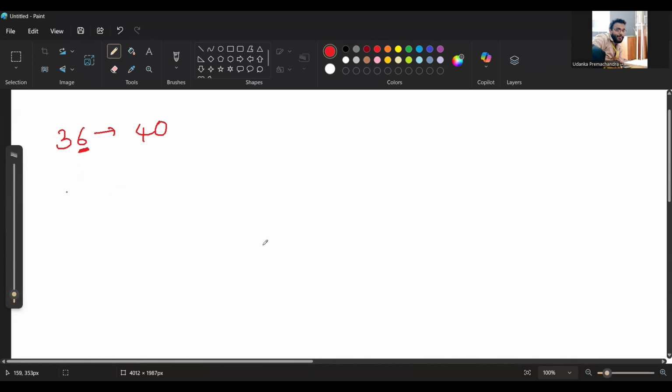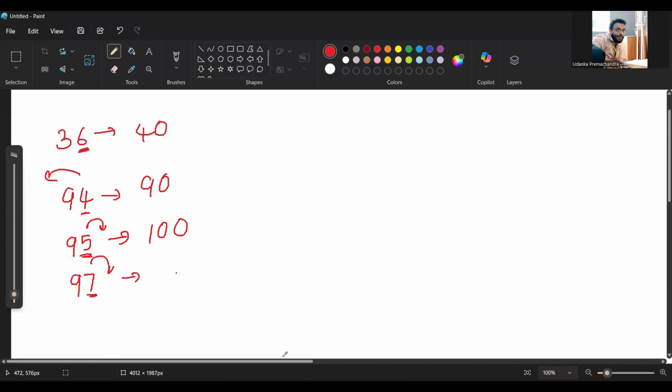If they are having 94, something like that, the last value is less than 5, so you go to the previous 10. It should be 90. If they are having 95, 5 or more than 5, you have to go to the next one. It should be 100. 97, also you have to go to the next one, 100. You have to round it like this.